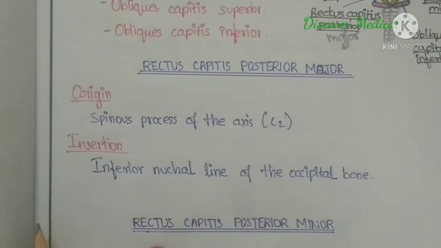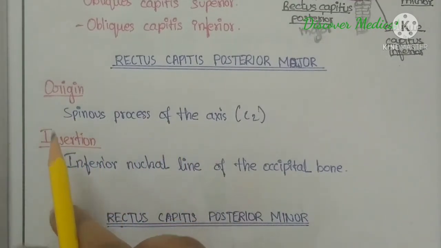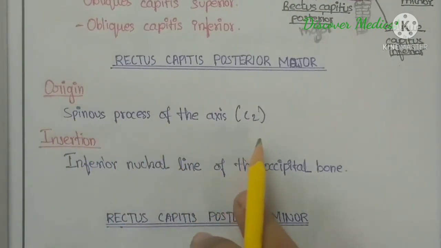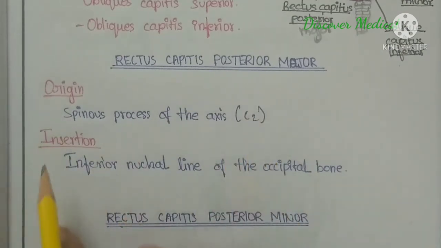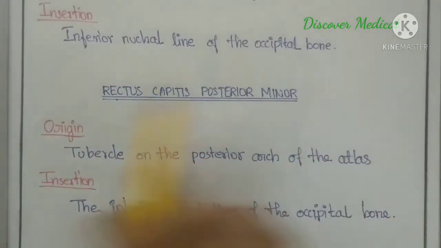Okay. Now, rectus capitis posterior major. Origin: spinous process of the axis C2, inserted into the inferior nuchal line of the occipital bone. Rectus capitis posterior minor.